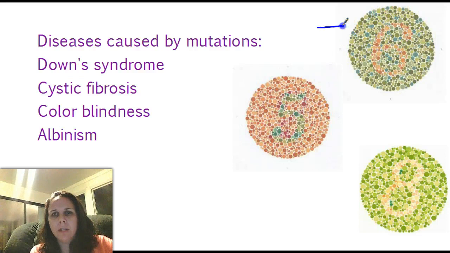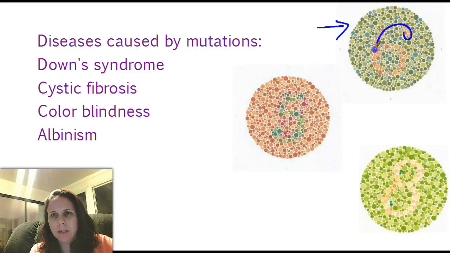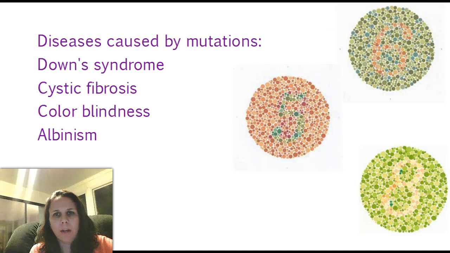So over here, like we saw in class, we've got a couple of tests. The first thing is to find the number inside. There's a number 6 right there. So if you can't see the 6, you might be red-green colorblind. Now this one, there is a 5 that goes right along here.